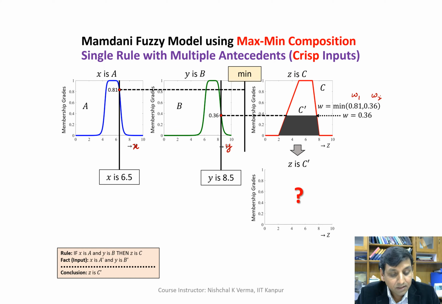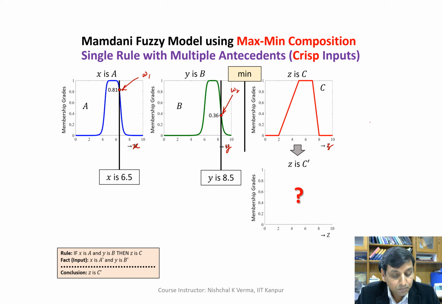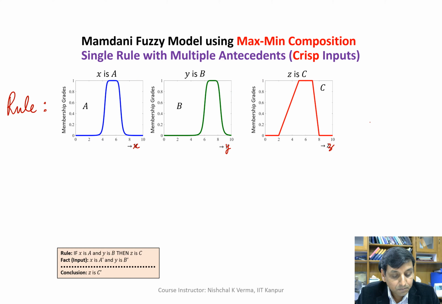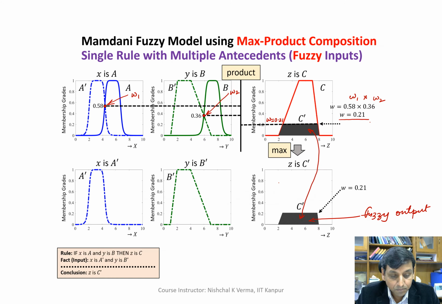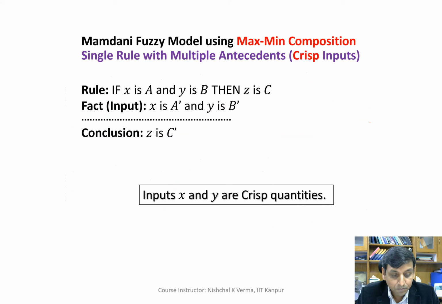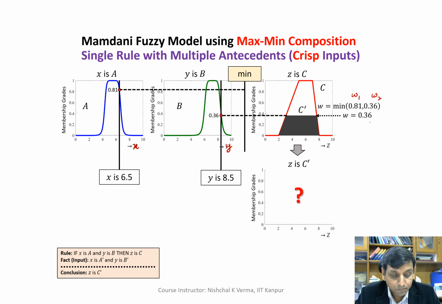When we take the min of W1 and W2, we get 0.36 here.